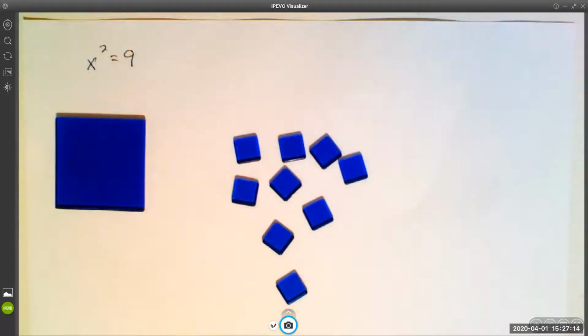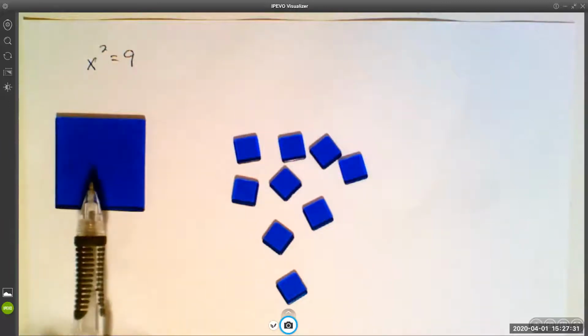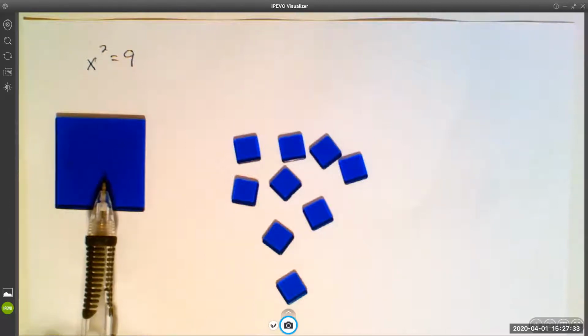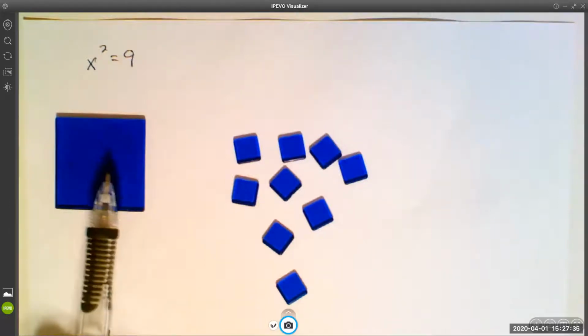So remember, our goal here is to solve for x. We want to know what x equals. And right now, it doesn't seem like we have any x's on the page. But actually, if you think back to when we first introduced algebra tiles, we talked about how the value of the tile is the area of the tile. So this is an x squared tile because the area of this tile is x squared.